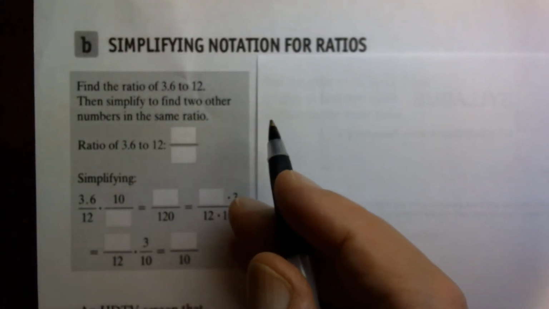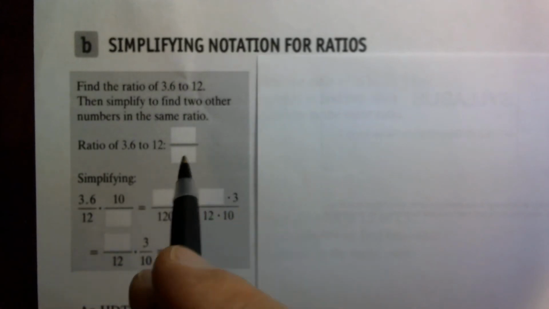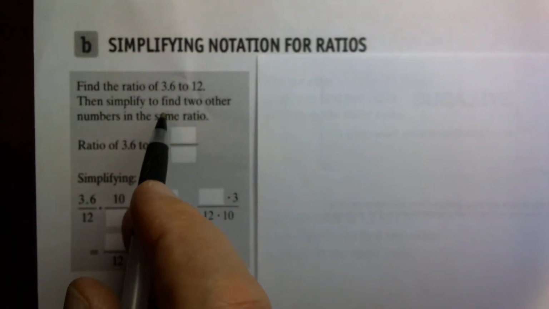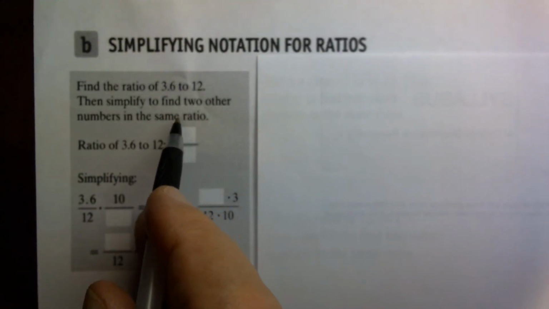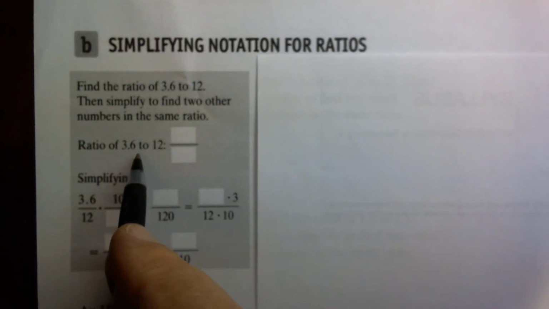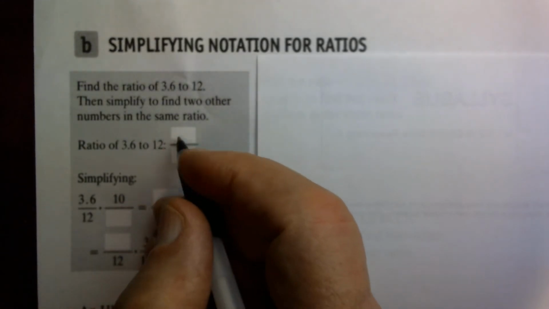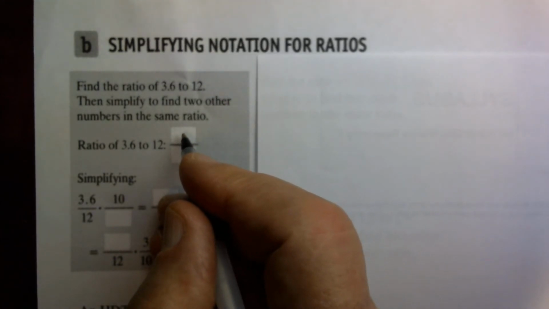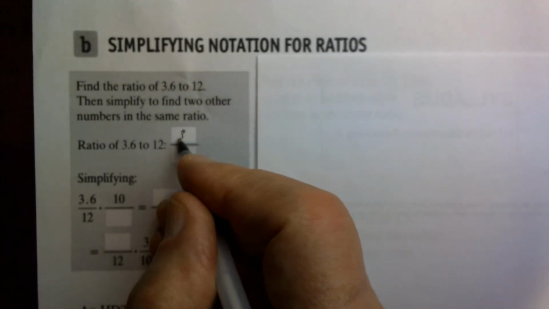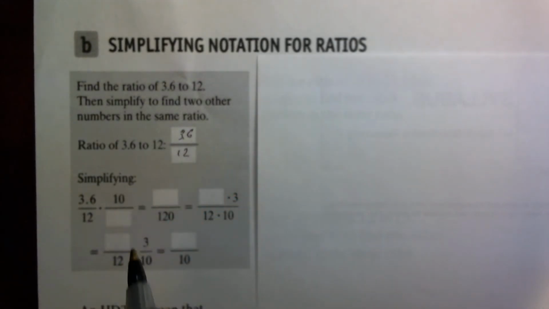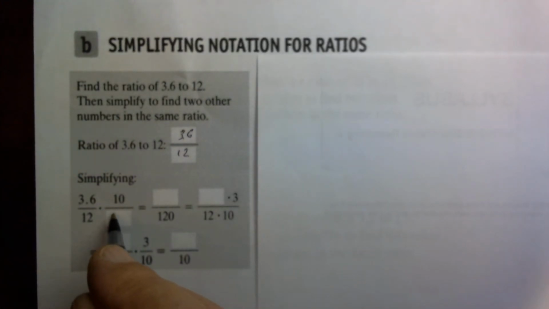Next, we'll be simplifying ratios. So here we find the ratio of 3.6 to 12, and then simplify to find two other numbers in the same ratio. The ratio of 3.6 to 12, to simplify that, we multiply the numerator and denominator by 10.